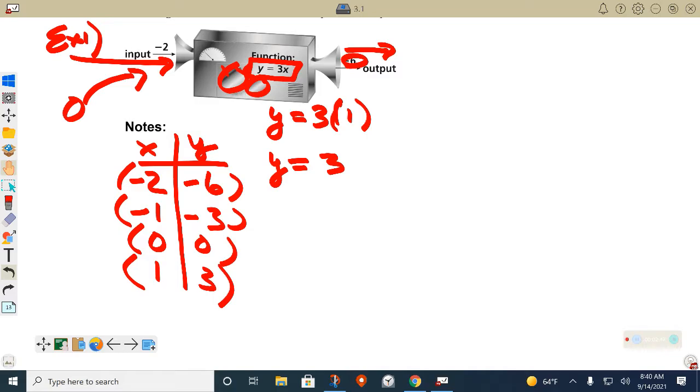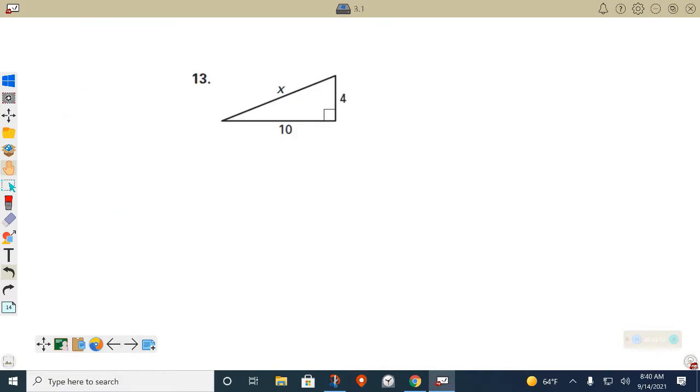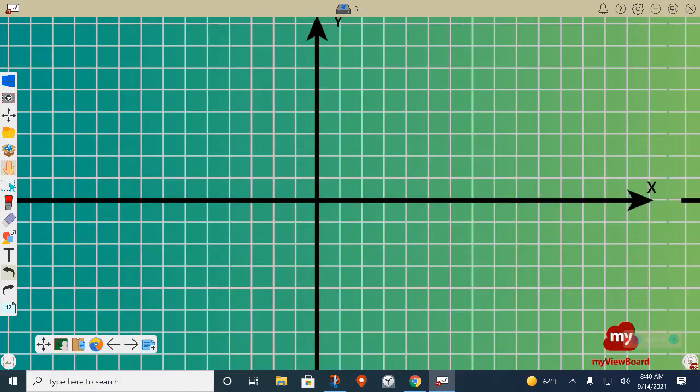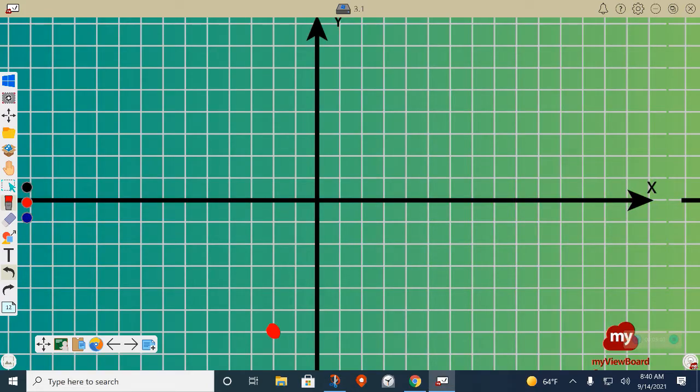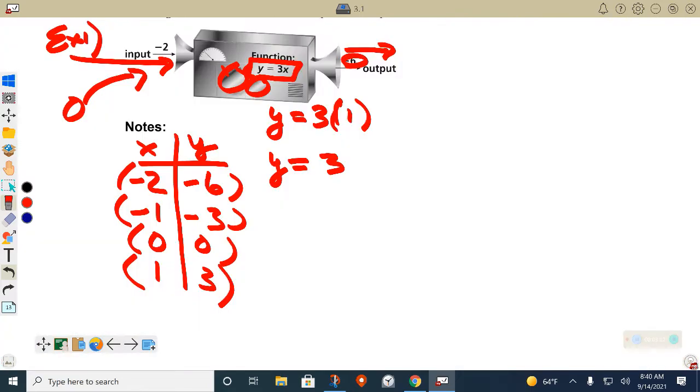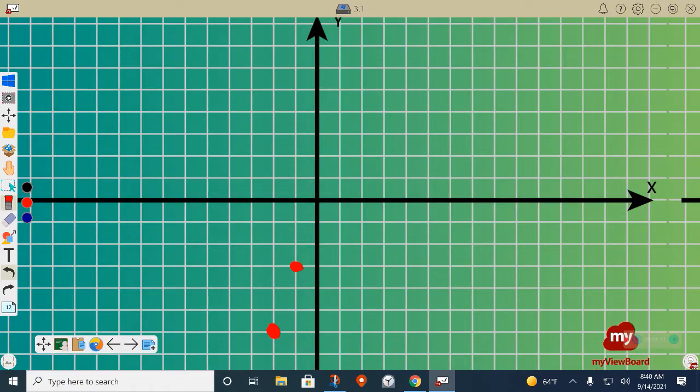Plot those puppies. So -2, -6, and -1, -3, and 0, 0, and 1, 3.